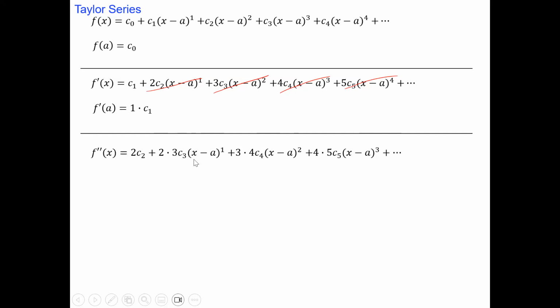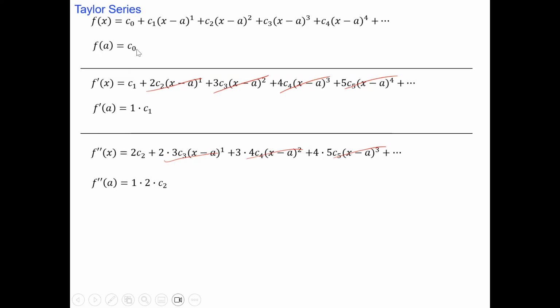And the same thing, we will replace x with a. Gone, gone, and gone. This means the second derivative at a is equal to 2 times C sub 2, but I'm just trying to keep that 1 because you probably guess what I'm doing. I'm trying to find the pattern.